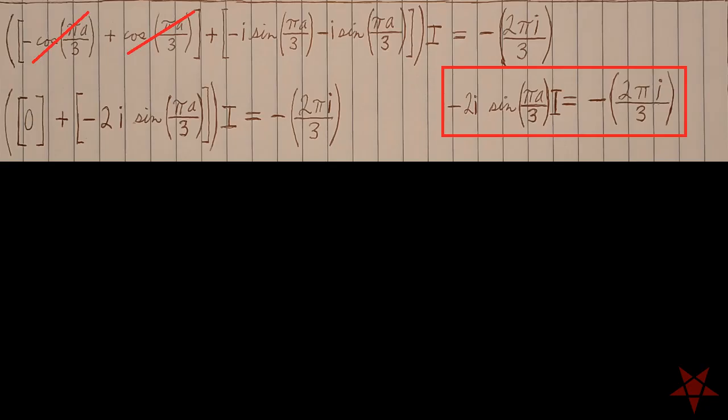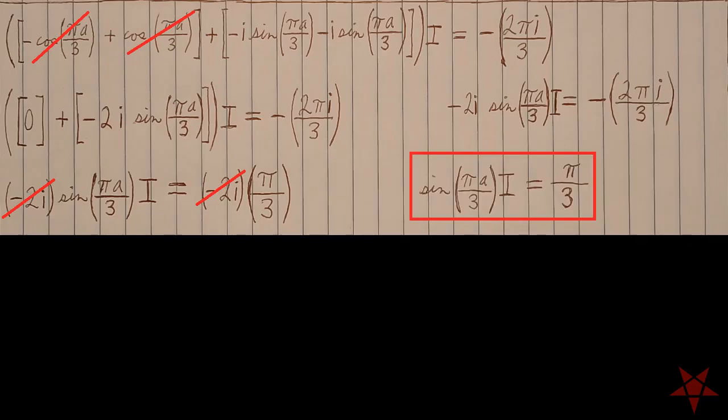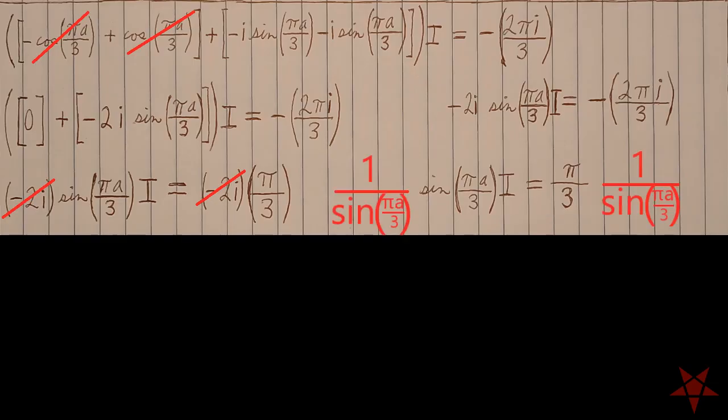The result is negative 2i times the aforementioned sine function times capital I equal to minus 2 pi i over 3. The term negative 2i factors out of both sides, and we are left with the sine of pi a over 3 times capital I equal to pi over 3.